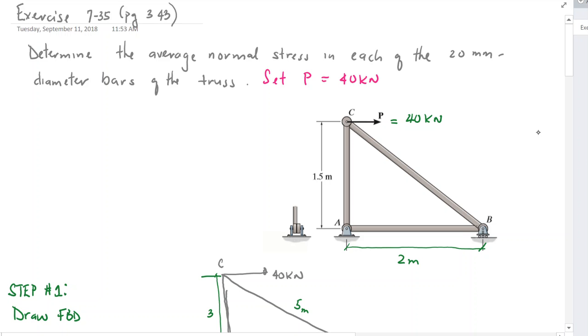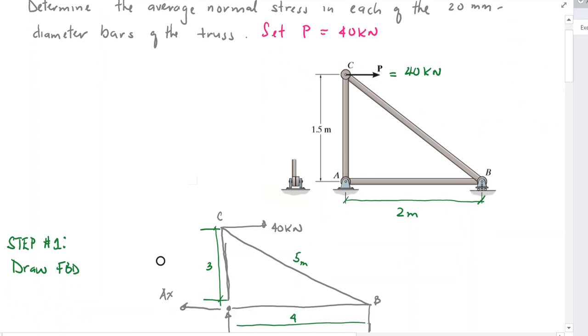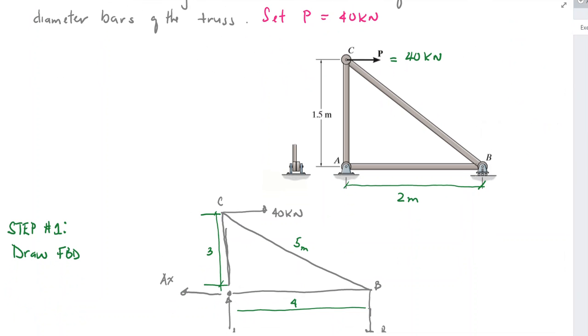As you can see, I have a diagram of this truss. At A we have a pin, at B we have a roller, and at C we have a horizontal force of 40 kilonewtons pulling at joint C.